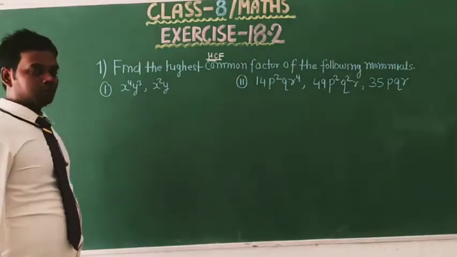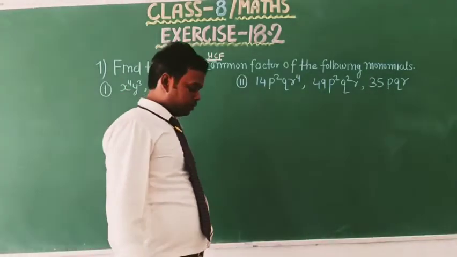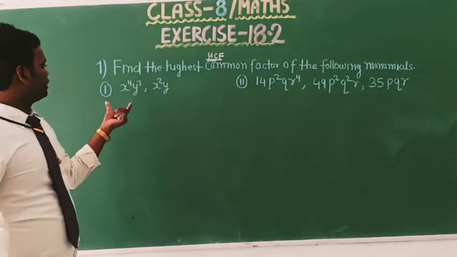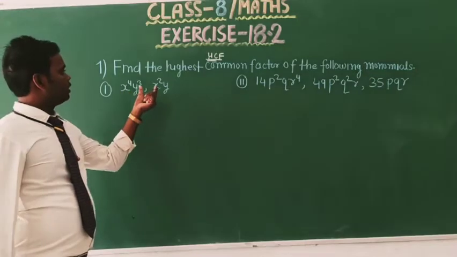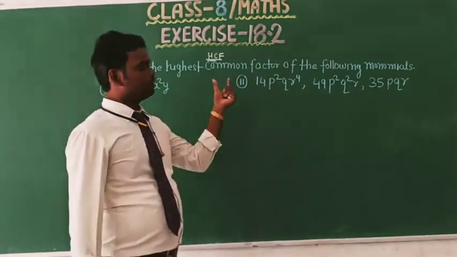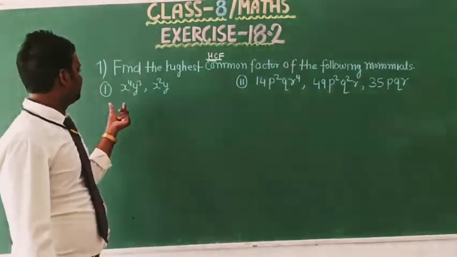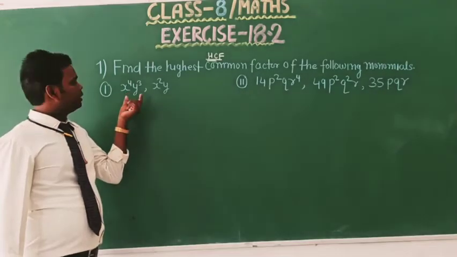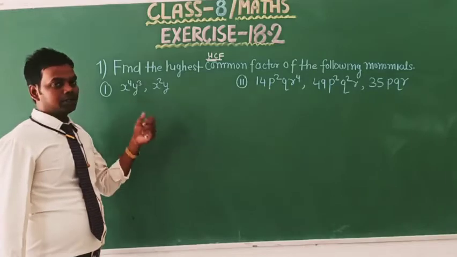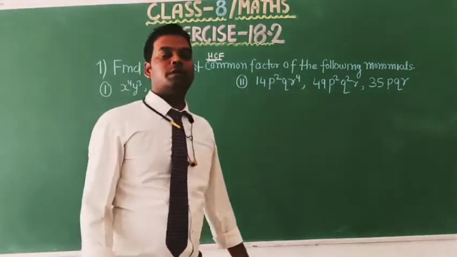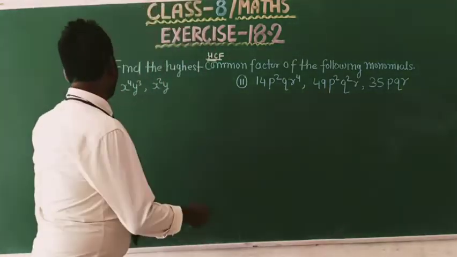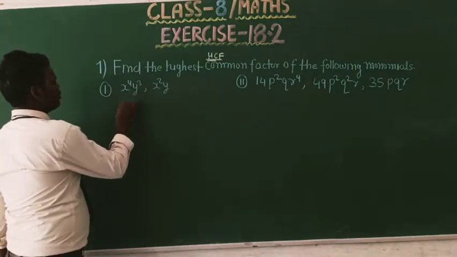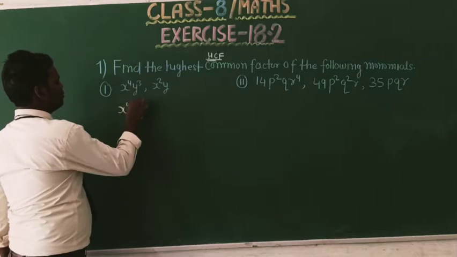Okay, so the highest common factor will be found by writing the given expressions in factor form. Okay. So now write the given expression. This is x to the power 4, y to the power 3.